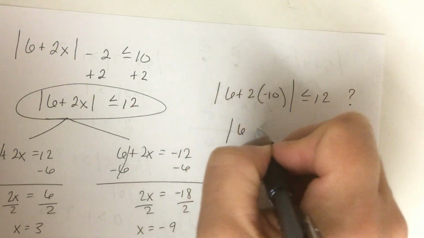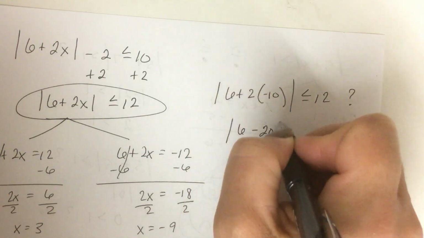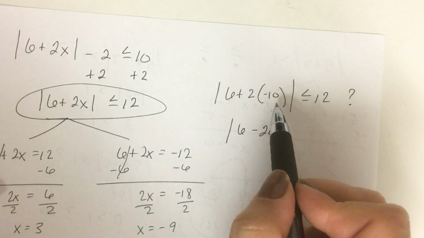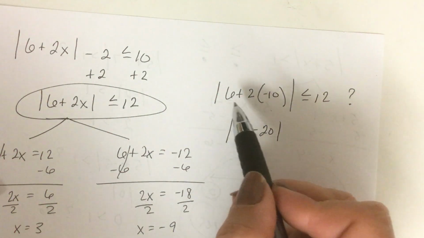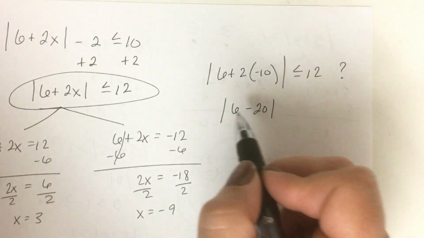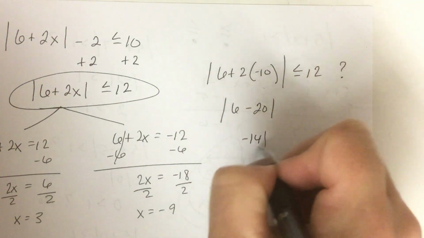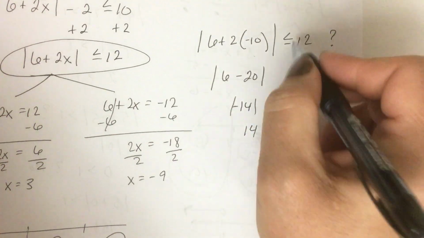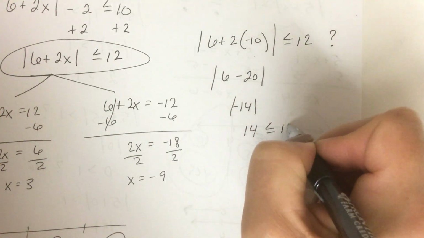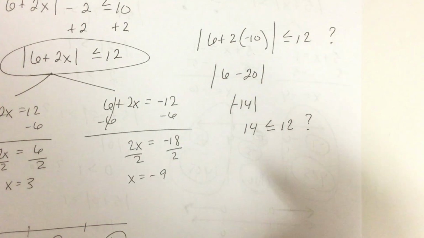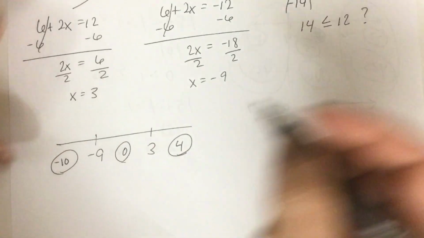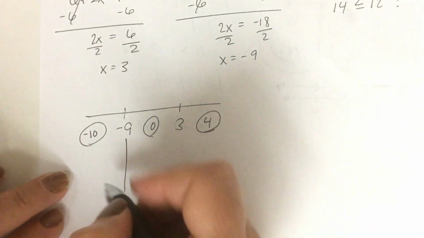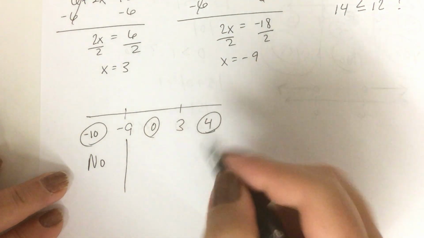So this is 6 minus 20, because 2 times negative 10 is a negative 20. You could also write 6 plus a negative 20. 6 minus 20 is negative 14. And the absolute value of negative 14 is positive 14. And we want to know if that is less than or equal to 12. Well, it's not. 14 is more than 12, so this is a no. So in this section, I get a no.